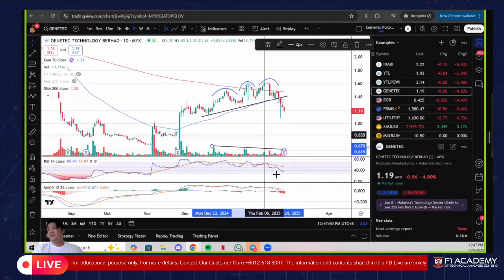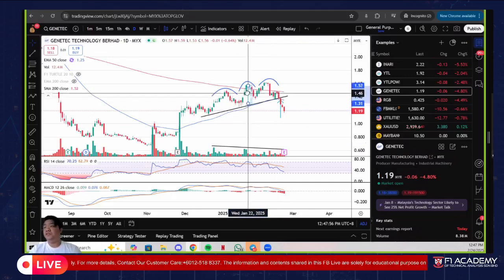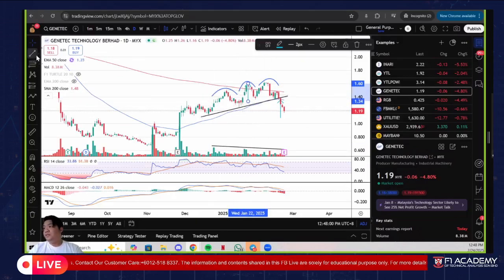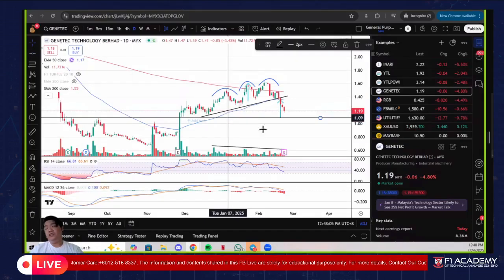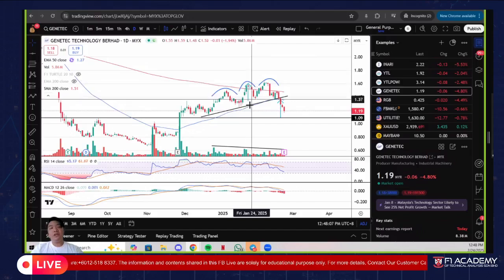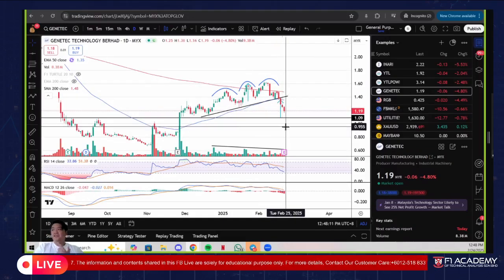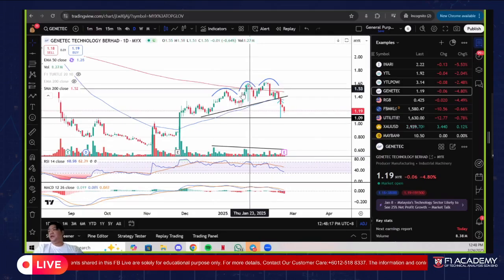When that happens, you expect a one-to-one, which is a really good educational reason here. What I mean by a one-to-one is that the distance from the head to the neckline is how far it should, in theory, go back down. If you care to look at the screen, you can see that, wow, the one-to-one bearish target ends exactly where the support is.